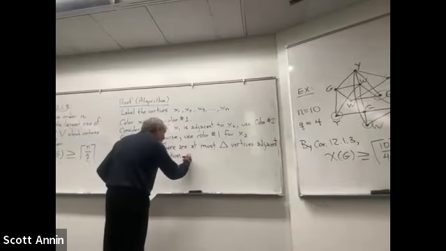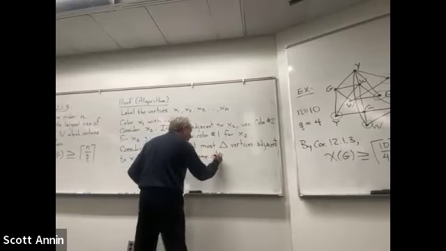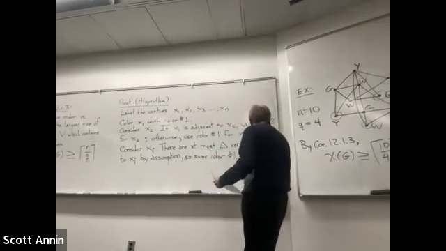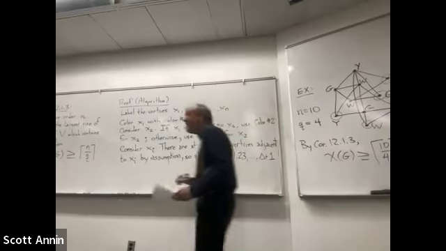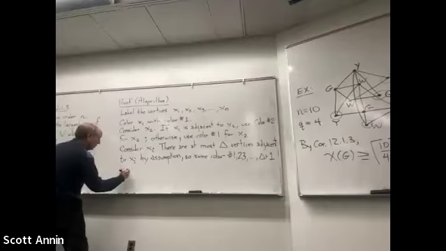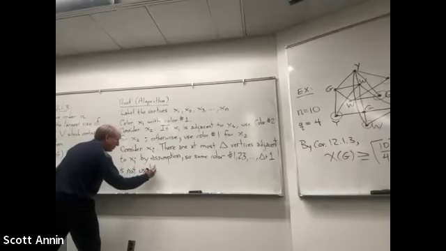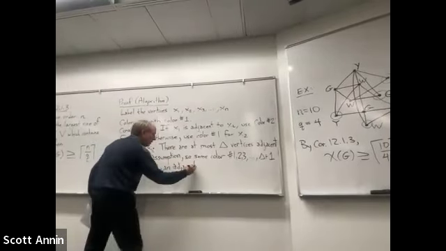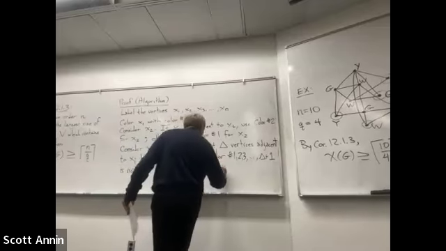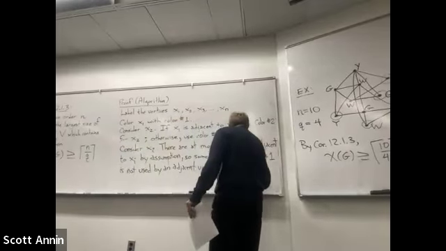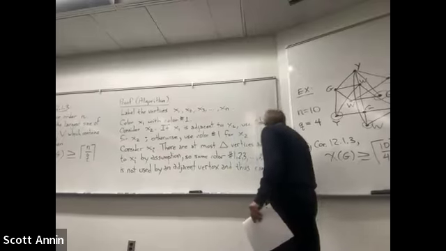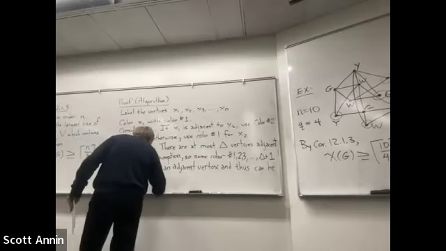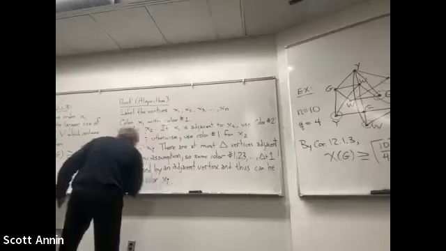And so some color in the list from number 1, number 2, number 3, up to delta plus 1 is not used by an adjacent vertex, and thus can be used to color x sub I.